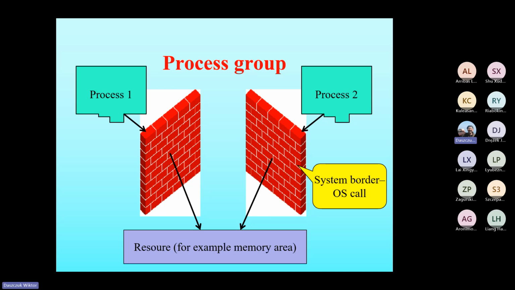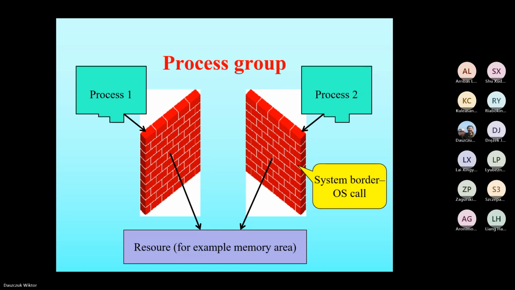I want them to be protected from others, but I need not any protection between them, because this is my process and this is my process as well. I am responsible if something goes wrong. Blame me, I am responsible.